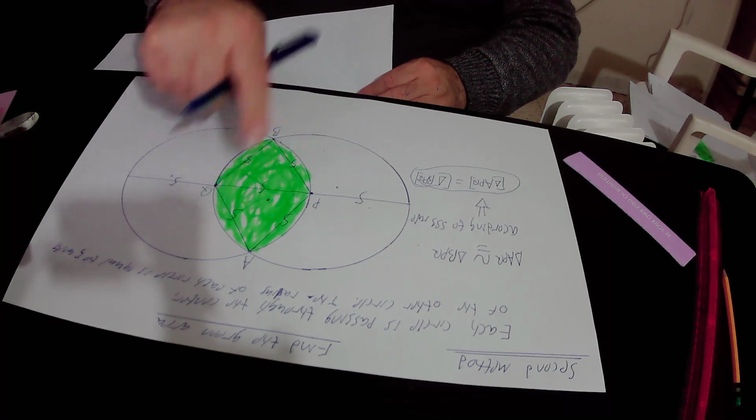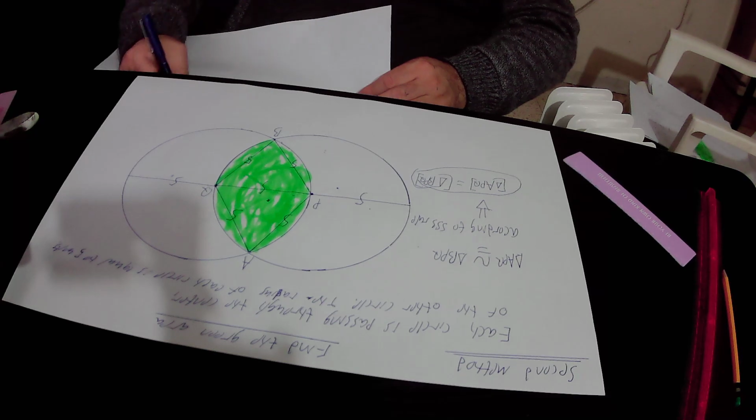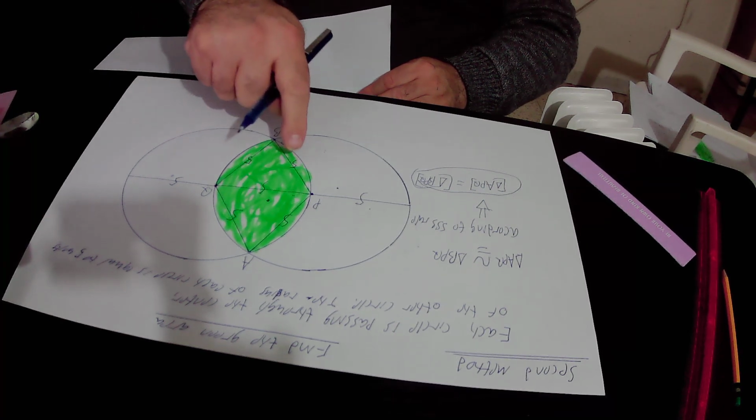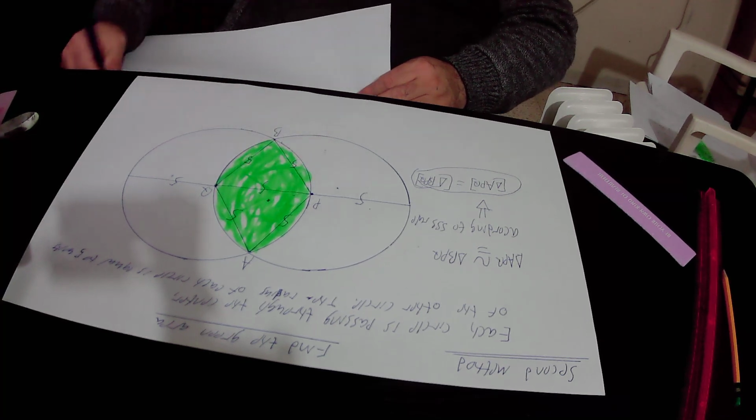the area of segment AQ plus the area of segment BQ plus the area of segment PB plus the area of segment AP.